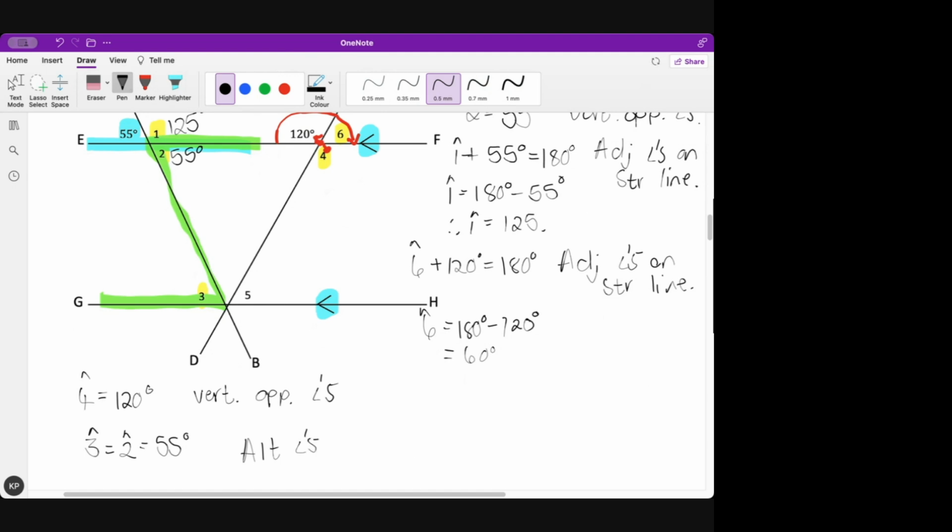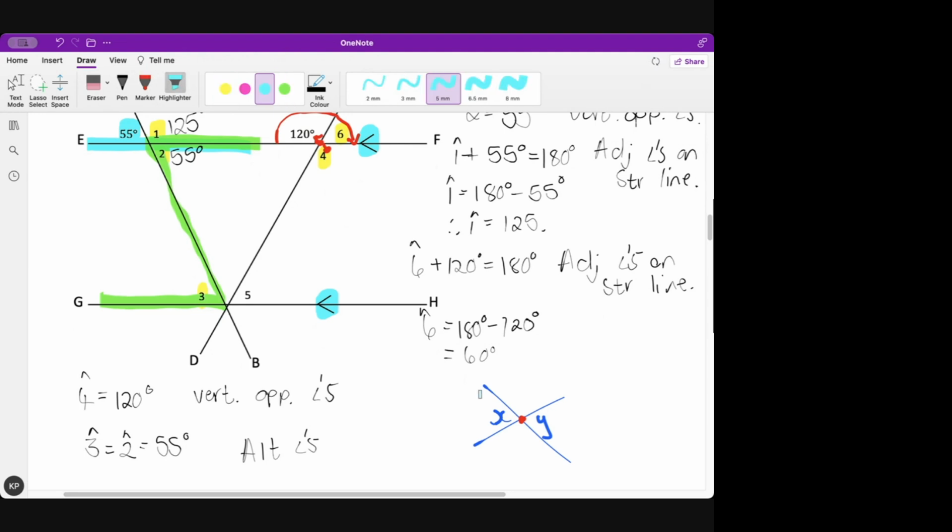And what is happening with my parallel lines? Vertically opposite means the angles are opposite a vertex. So when I have this, and I have an angle there that's X and one there that's Y, my vertex is this corner in the middle here.